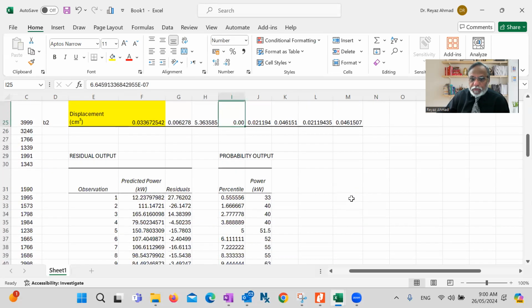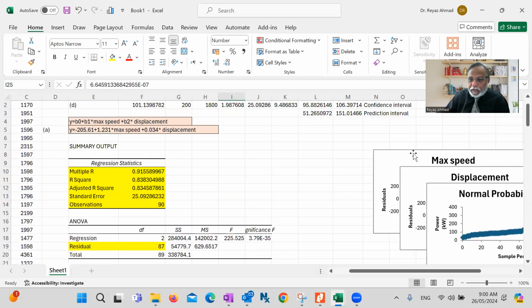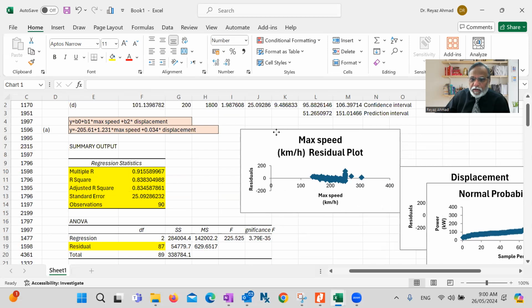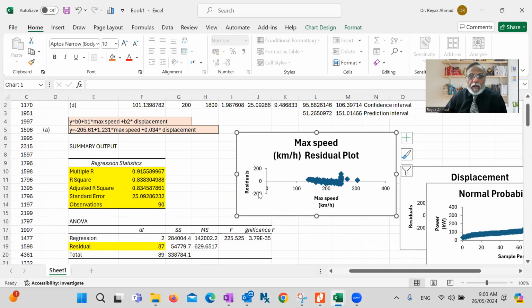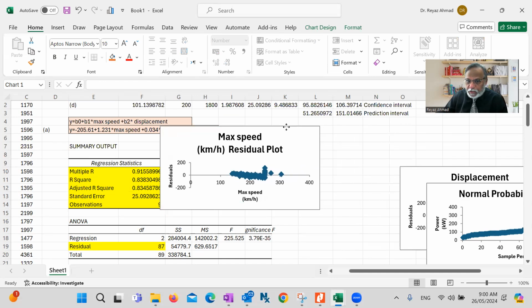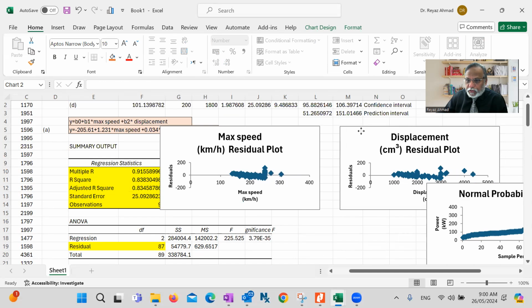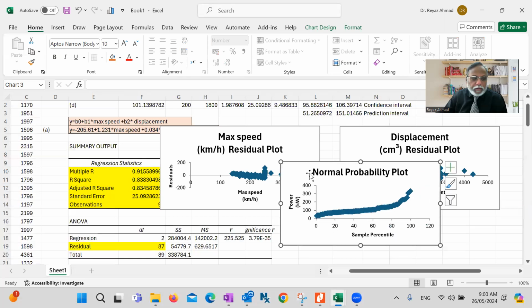But in some of the questions you might get this one: the residual versus maximum speed for independent variable x1 is shown here, residual versus this one, and this one represents the normality. The normality is proven by this diagram.